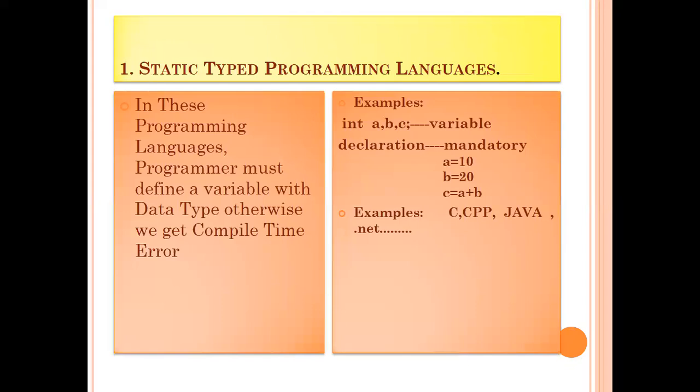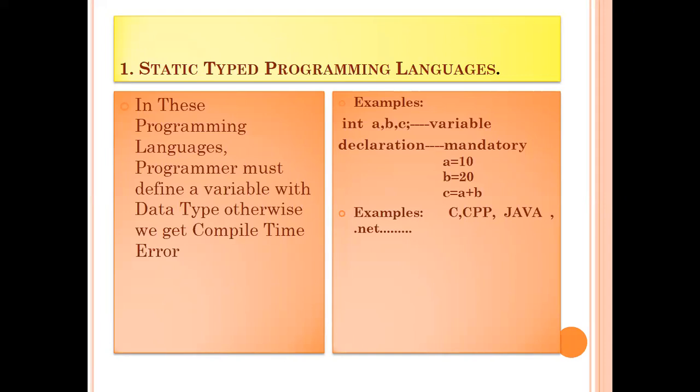In a static typed language, the programmer must define a variable with the data type, otherwise we'll get an error. Like the variable A is equal to 10, B is equal to 20, right? So we are defining a variable with the data type. That is a static typed programming language.